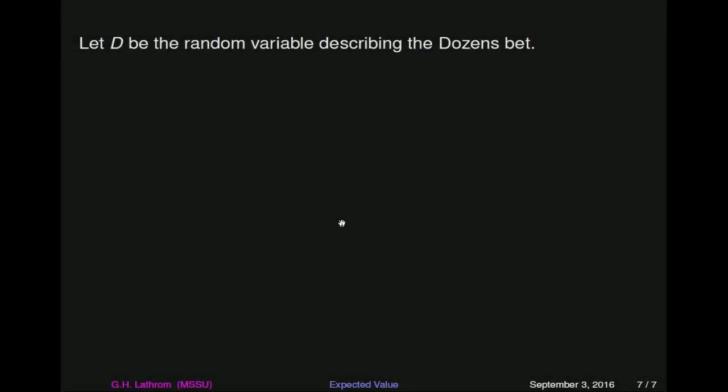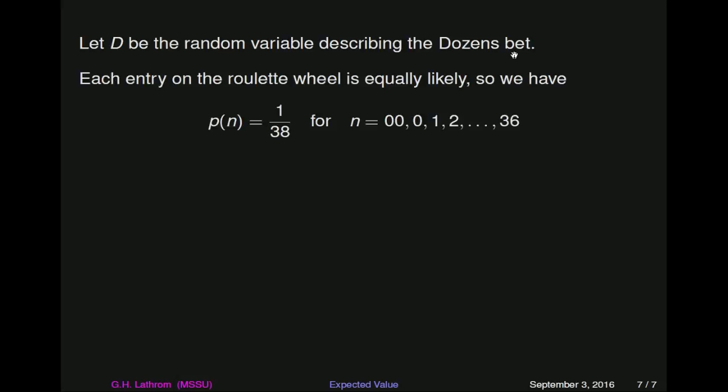So let's let the random variable D be an experiment in which we are making a dozens bet. Now, each entry on the roulette wheel is going to be equally likely, and so we've got values for n of being 00, 0, or 1 up to 36.